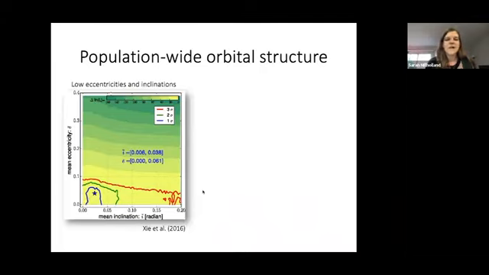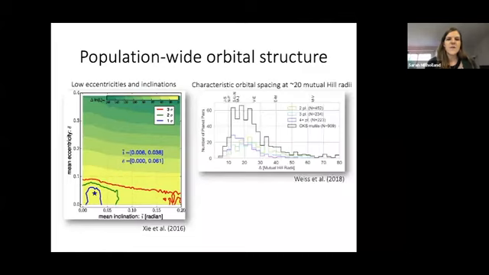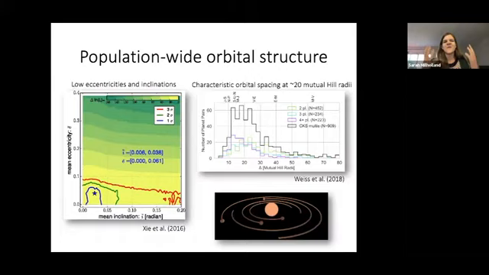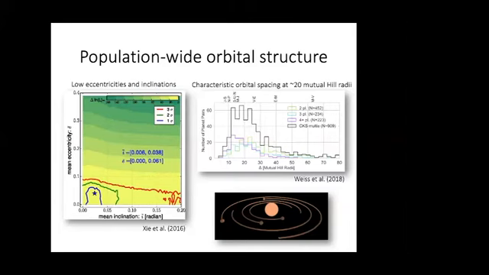In addition, the distribution of orbital spacings between planets in these multi-planet systems peaks at around 20 mutual Hill radii, and they tend to have fairly uniform spacings within a given system. So this is, again, signaling the preponderance of these really highly structured, evenly spaced, not very complex systems.